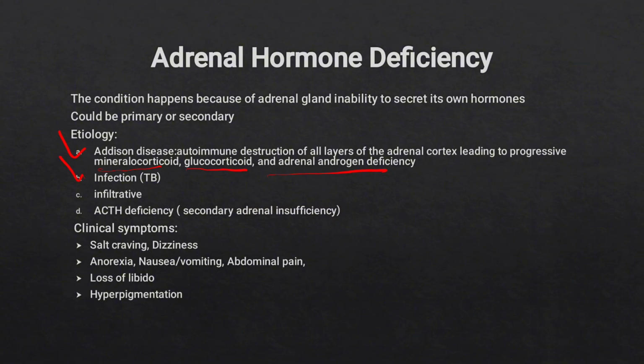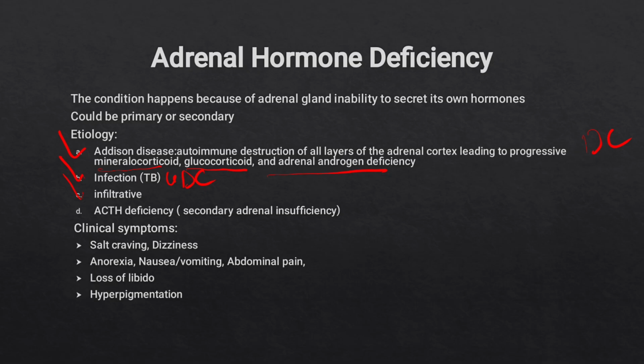Okay, so Addison disease is seen more in the developed countries, and TB is seen in undeveloped countries. Okay, so if they mention the patient came from Asia or from Africa, think about TB. Okay, and TB can lead to adrenal deficiency. Infiltrative, seen with sarcoidosis and lymphoma, and ACTH deficiency, that's of course the secondary.